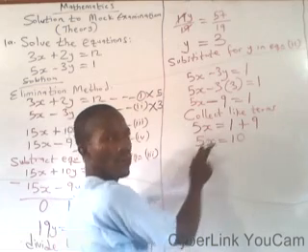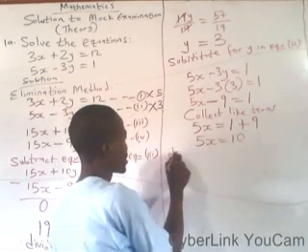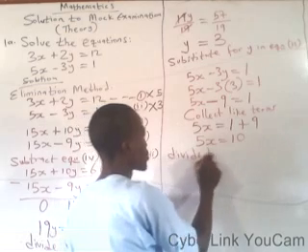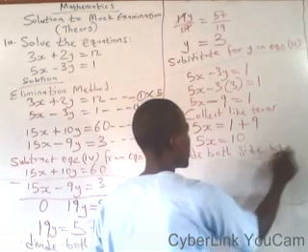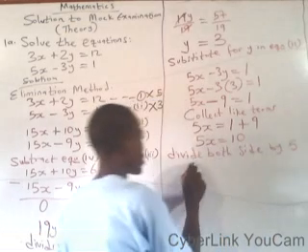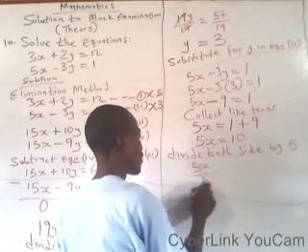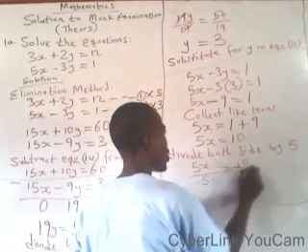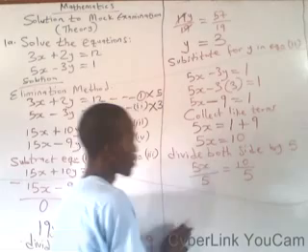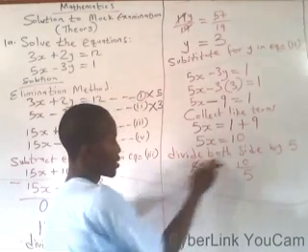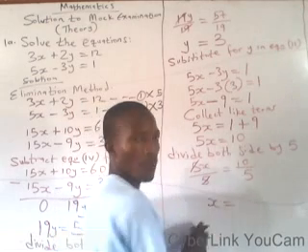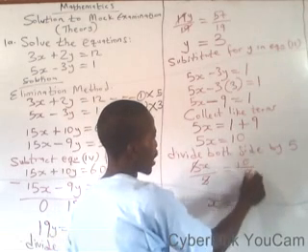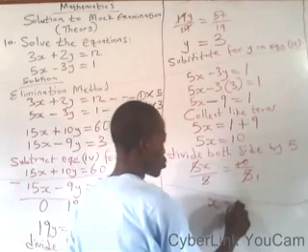We are looking for x. Divide both sides by 5. 5x all over 5 now equals to 10 all over 5. 5 will cancel 5 here. On this particular side, we have x equals to 5 here 1, 5 here what? 2.